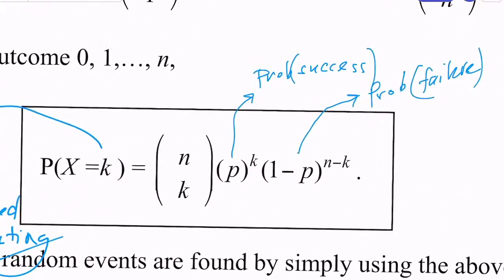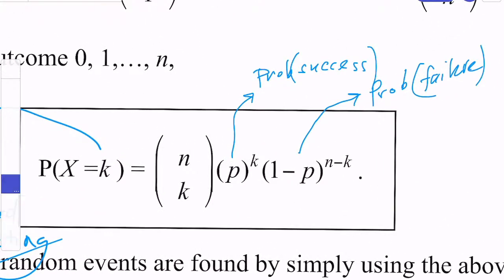K is the number of successes for this problem. And what's N minus K, everybody? Excellent. Number of failures.